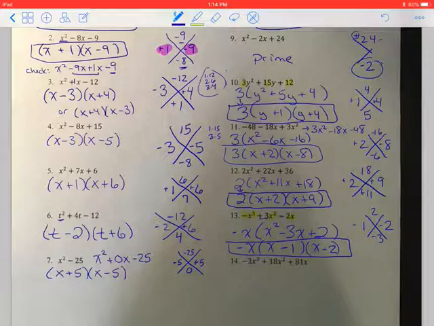Okay, so the very last one, I do want to take out the negative. If I look at my numbers, I think they're all divisible by 3, so I can take out a 3. And every term has an x in it, so I can also take out an x. So that's going to leave me with x squared. Remember, our signs are going to change, so a minus 6x. And then 81 divided by negative 3 is negative 27.